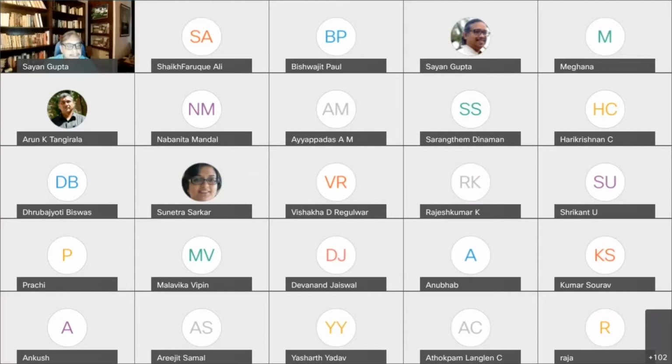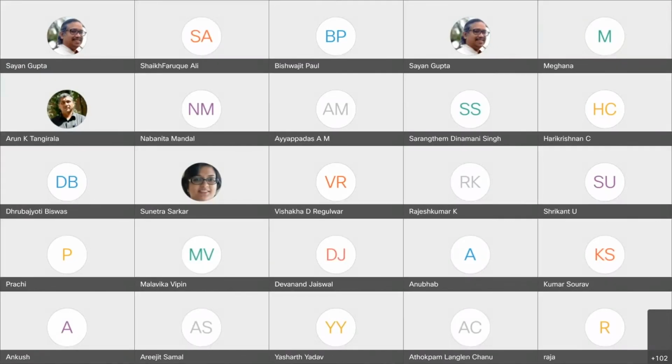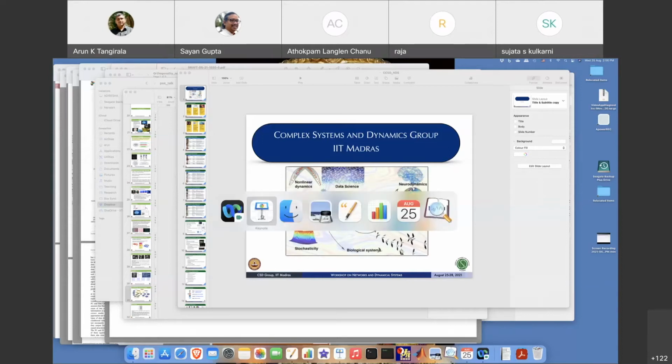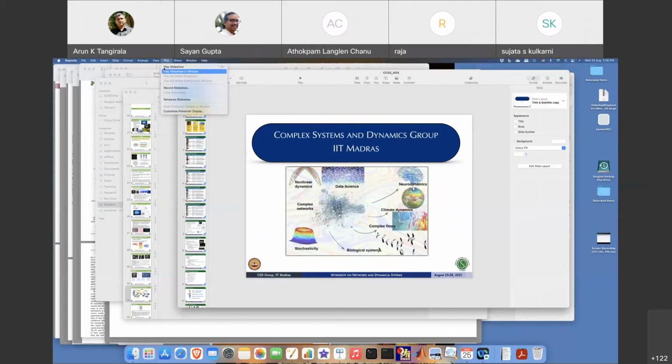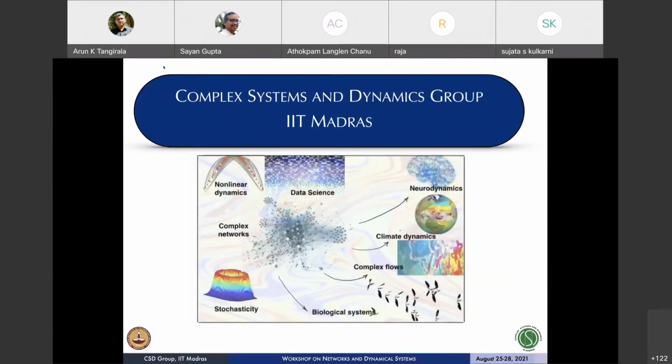Chain, can you confirm that you can hear me clearly? Yeah, I can hear you. No problem. Thank you. So let me bring up my short presentation here. So are you able to see my screen?